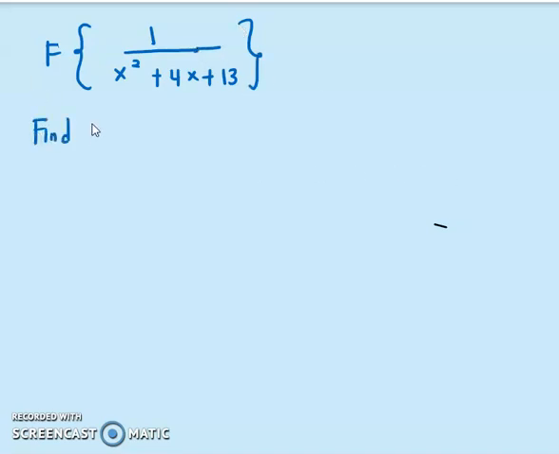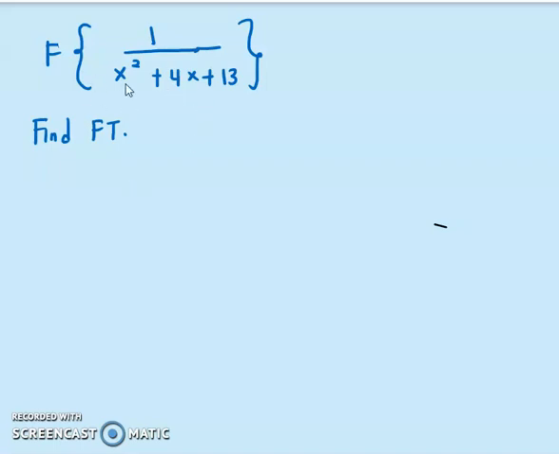The example is: find the Fourier transform of 1 over x squared plus 4x plus 13. Okay, so we want to find the Fourier transform, similar to the previous example.